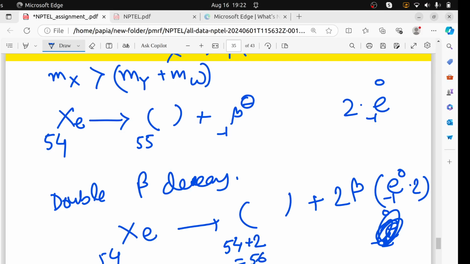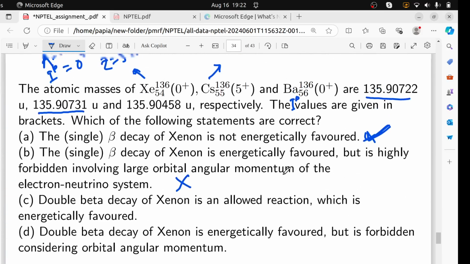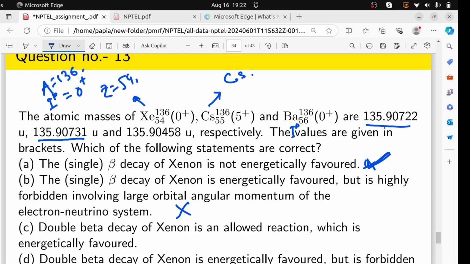Otherwise Z value will not be conserved here. It is minus 2 right now. So 56 should be there. So what is 56 in this question? 56 is barium. So the double beta decay of xenon means xenon is going to barium plus 2 beta.